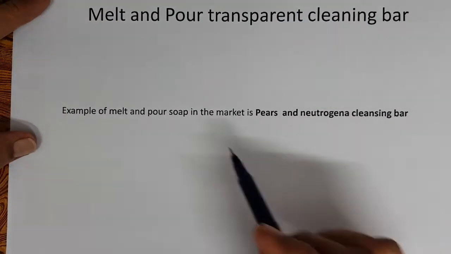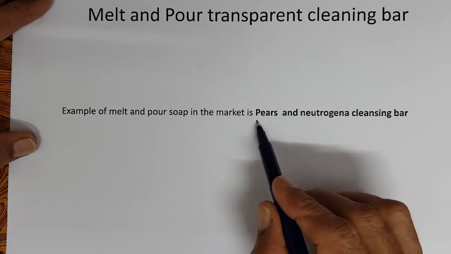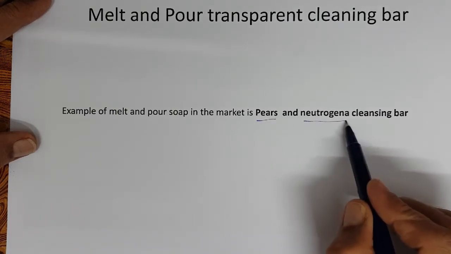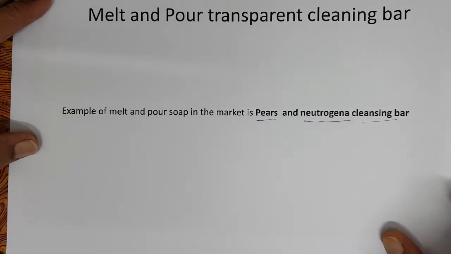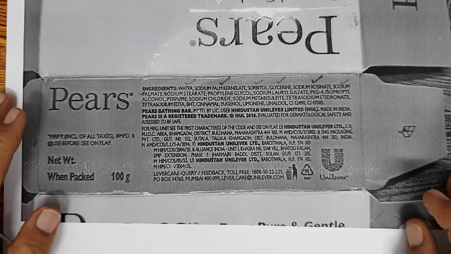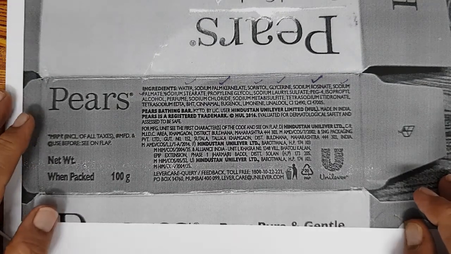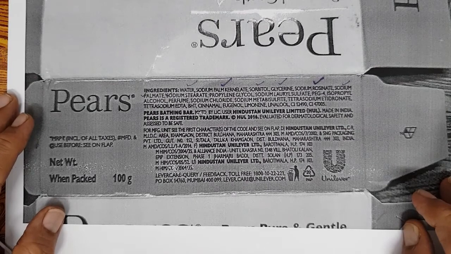Examples of melt and pour soap in the market: Pierce and Neutrogena cleansing bar. So it's the Pierce, you could see the label.